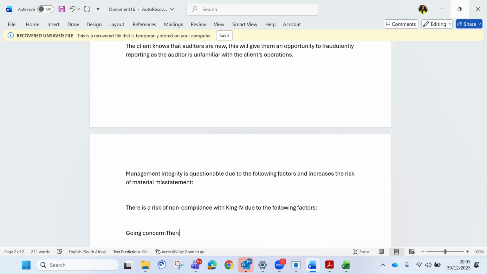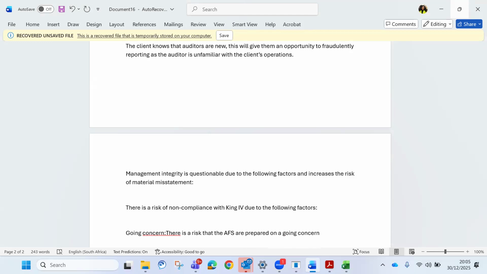So you say there is a risk that the AFS are prepared on a going concern basis.